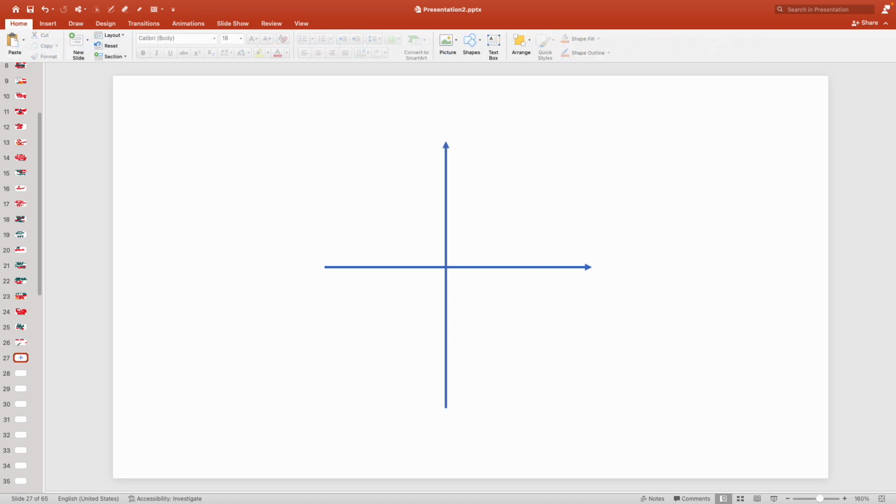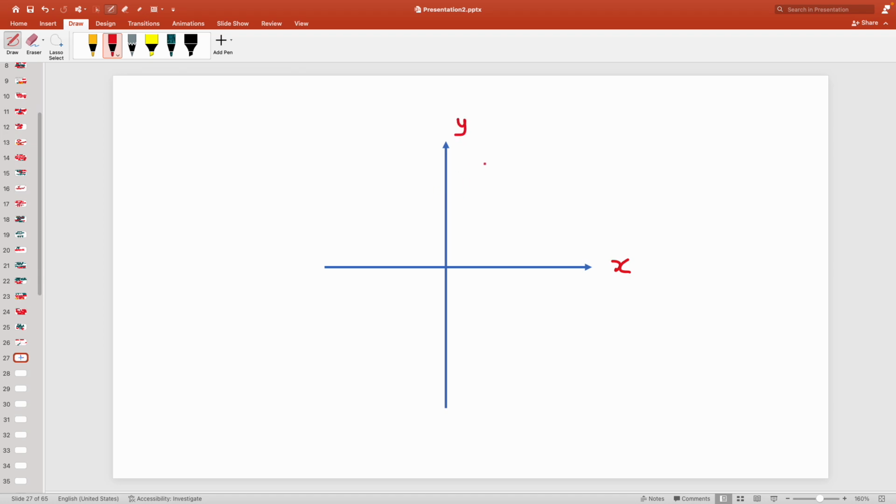Then this is your x number line. Always label. This is the horizontal one, and this is the vertical one. Then you start from the origin, which is 0, and this will be 1, this will be 2. By the way, the spacing has to be roughly the same. Okay, and this is -1, this is -2, and this is -3.